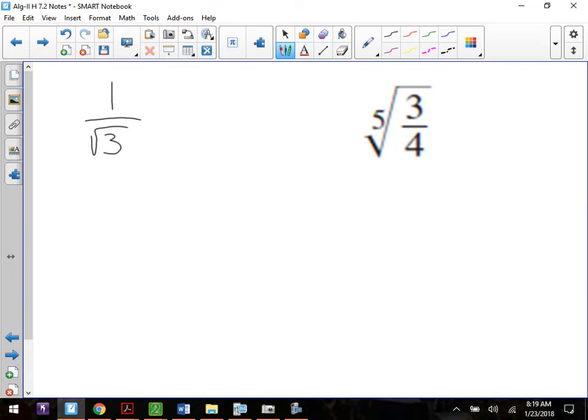Multiply by what? Root 3 over root 3. What's root 3 divided by root 3? 1. You multiplied by some factor of 1, didn't you? Now, if you think about this in terms of what your exponents are, does it change anything if I rewrite it like this?